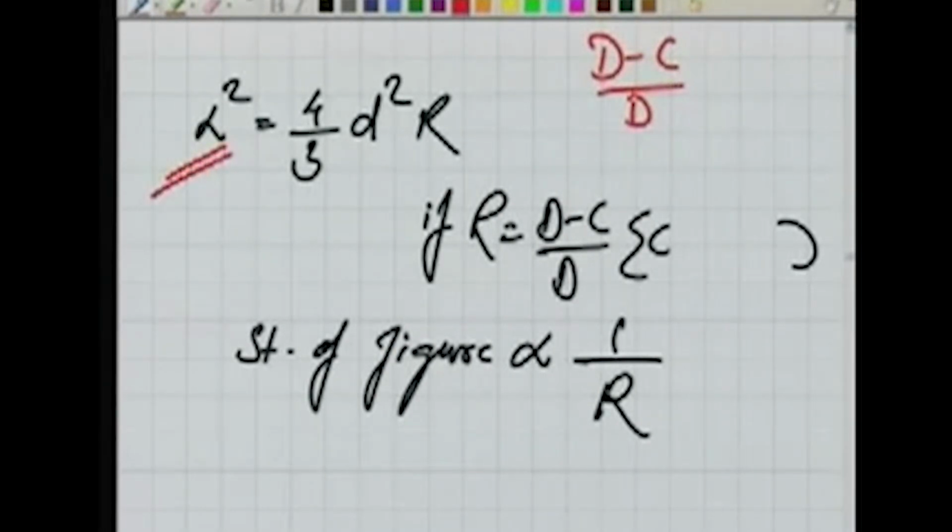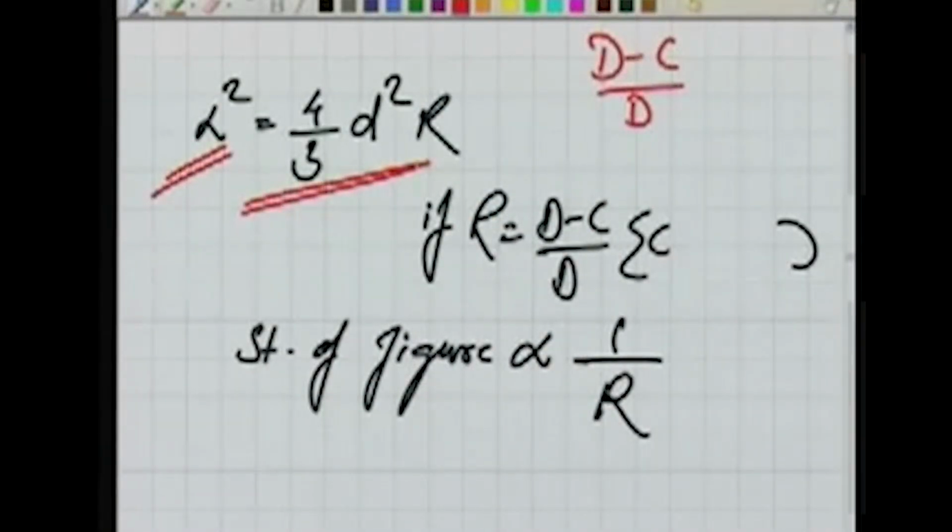now we know that the strength of the figure, L square, or the probable error in computation along one chain of triangles, you can write this way, where R is D minus C by D and sigma within this is delta A square plus delta A delta B plus delta B square. Now why am I writing this way?